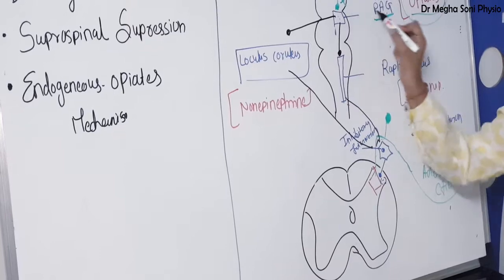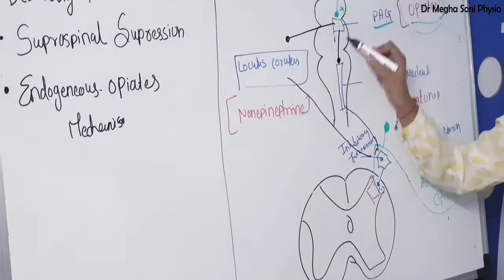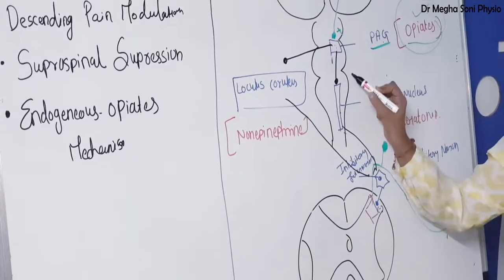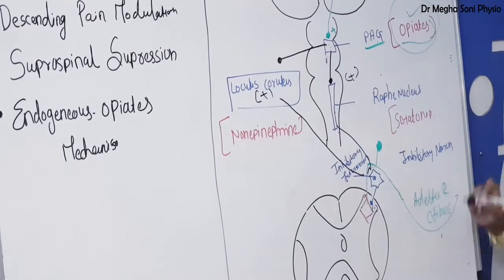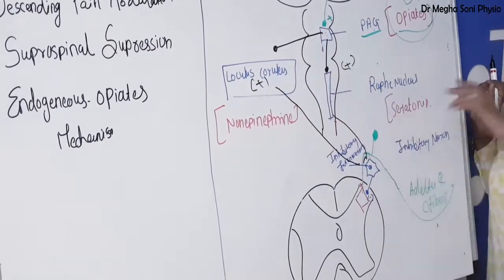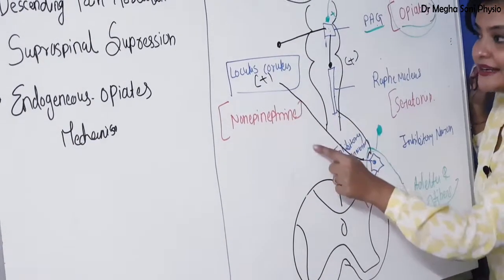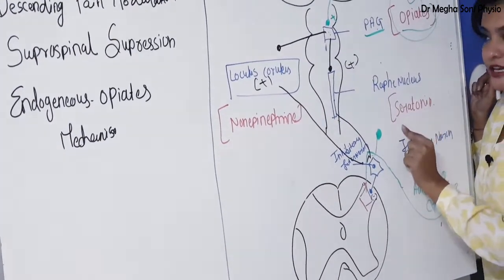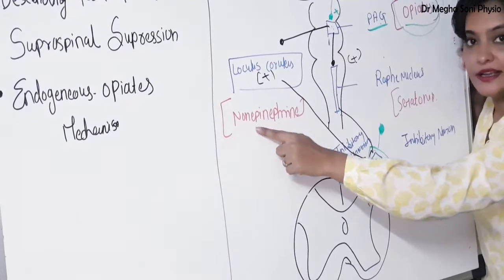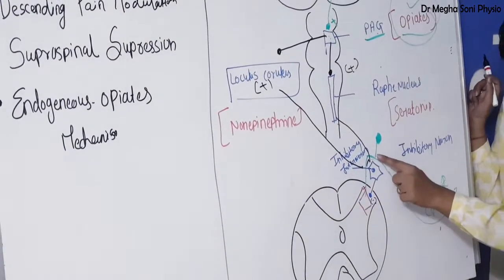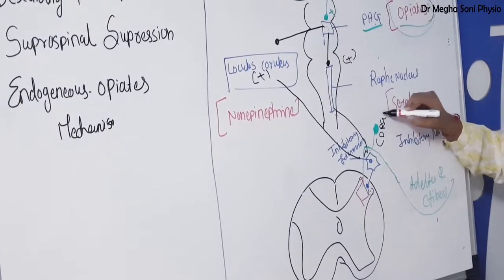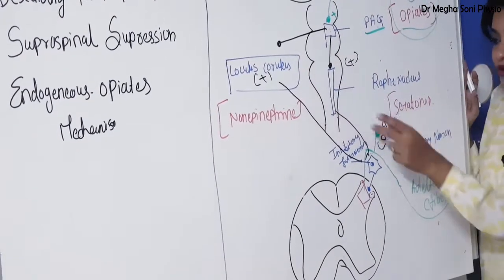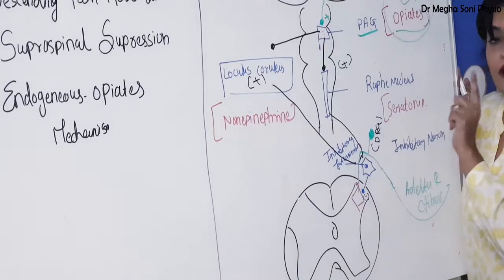So whenever we stimulate PAG, it secretes opiates, and this PAG stimulates raphe nucleus as well as locus coeruleus. As both nuclei are stimulated, raphe nucleus secretes serotonin and locus coeruleus secretes norepinephrine over the dorsal root ganglion. So they secrete these neurotransmitters over the dorsal root ganglion.